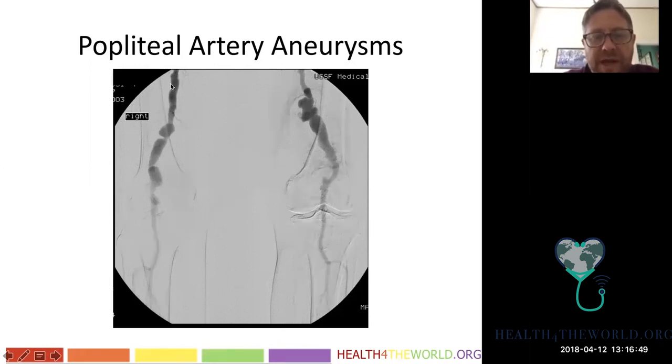So this is actually not the wall of the artery. The wall of the artery is out here. The irregularity is due to irregular mural thrombus. Anytime you see this, and this often throws people off, they don't think about this being just a simple flow lumen in an artery. It looks like a vasculopathy or some bizarre thing, but it's just atherosclerosis with popliteal artery aneurysms. And we're just looking at the luminogram, which is the flow of the appearance of the inside of the artery. That is the lumen.